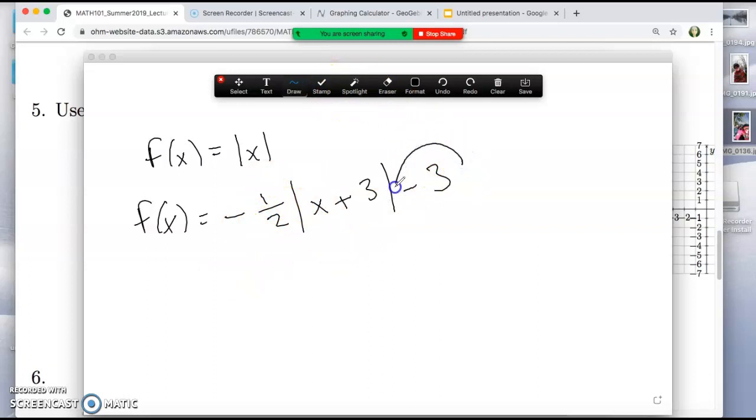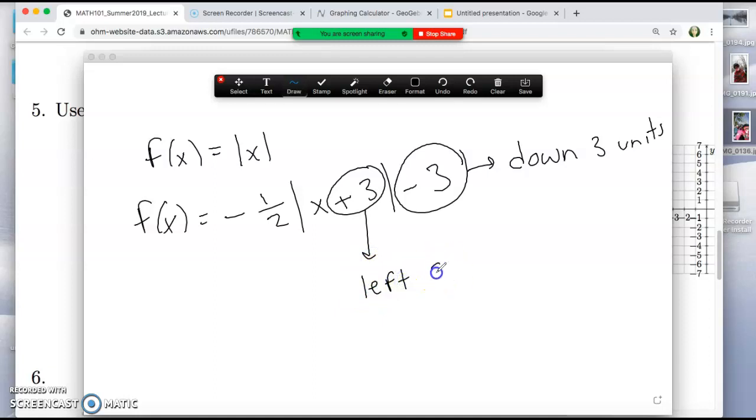So let's start with this one. The minus 3 is on the outside. So here we're moving down 3 units. Then we have our plus 3 on the inside. So since it's on the inside, we're going to move left 3 units.